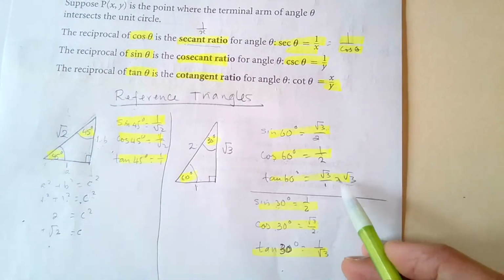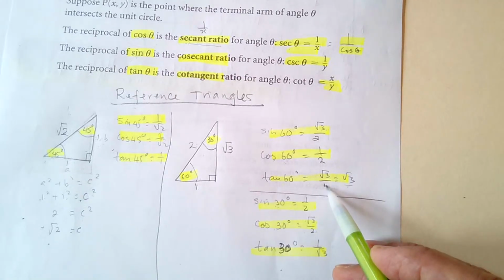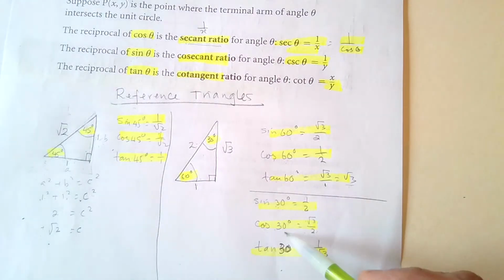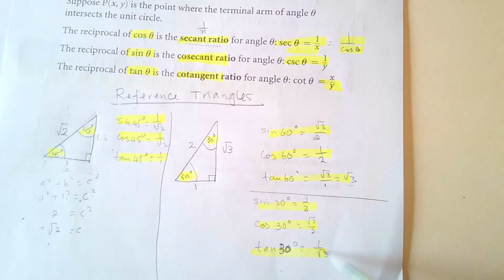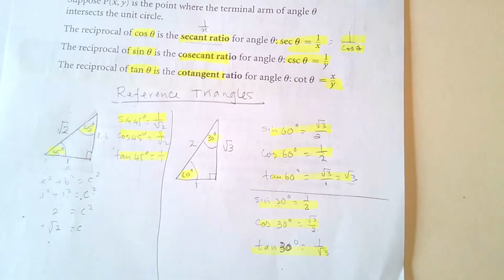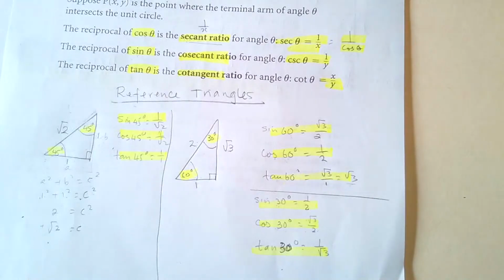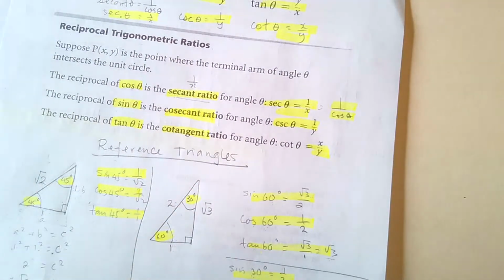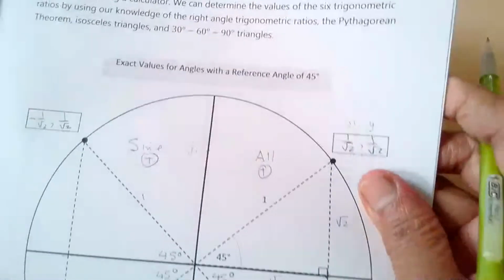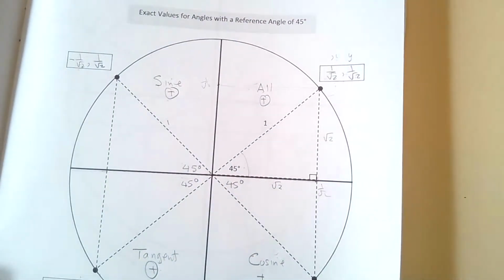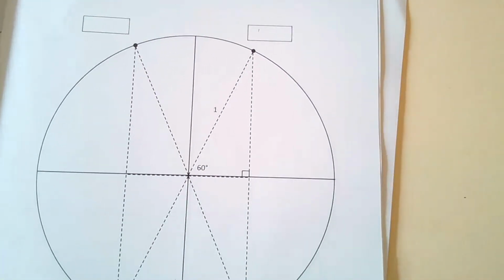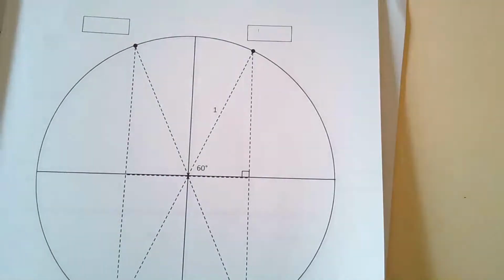And tan is root 3 over 1. And sine 30 degrees is a half. So cos 30 degrees is root 3 over 2, and tan 30 degrees is 1 over root 3. So use these, and also you would like to complete the exact values, and for your measurement of the angles, 60 degrees.